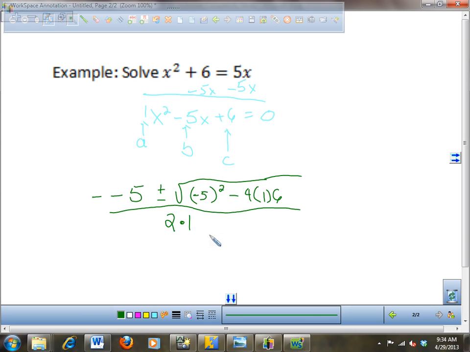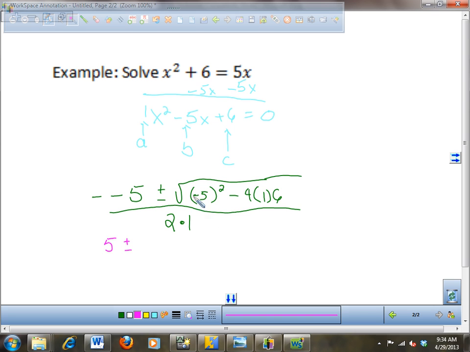Now the hard part with the quadratic formula is simplifying everything, okay? What does a negative 5 turn into? A negative negative 5 turns into a positive 5, right? So I have a positive 5 plus or minus the square root of negative 5 squared, which is positive 25.